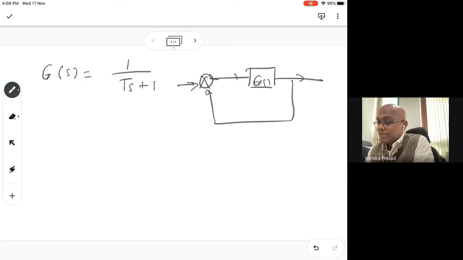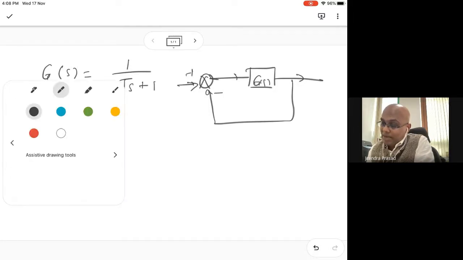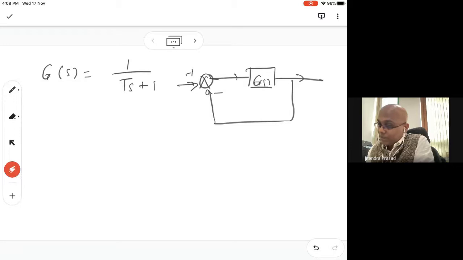This is the utility, basically the purpose. This is the open loop system, and then you have a feedback loop as well. And this G(s) is the feed forward transfer function or open loop transfer function, because H(s) is equal to 1.